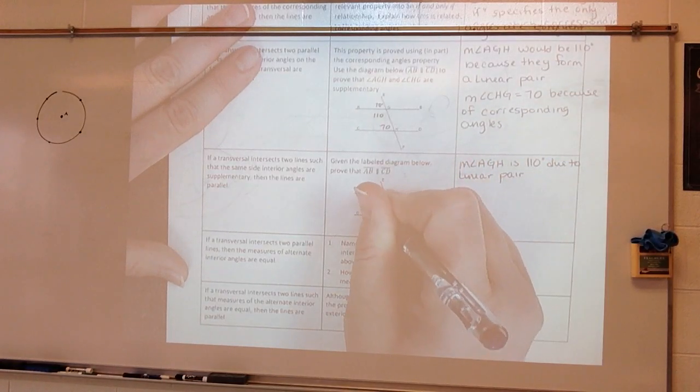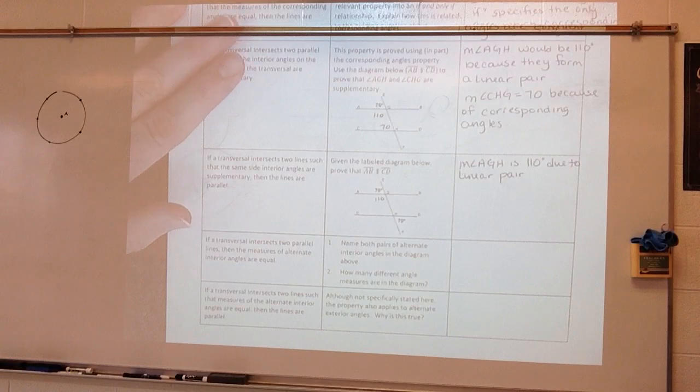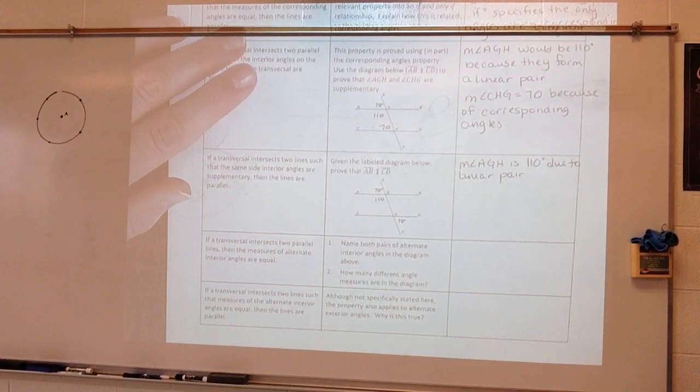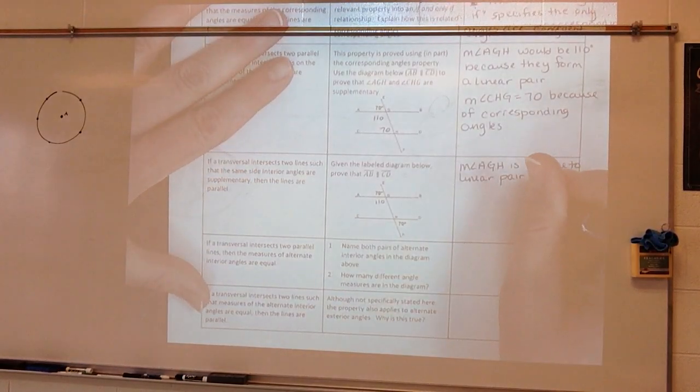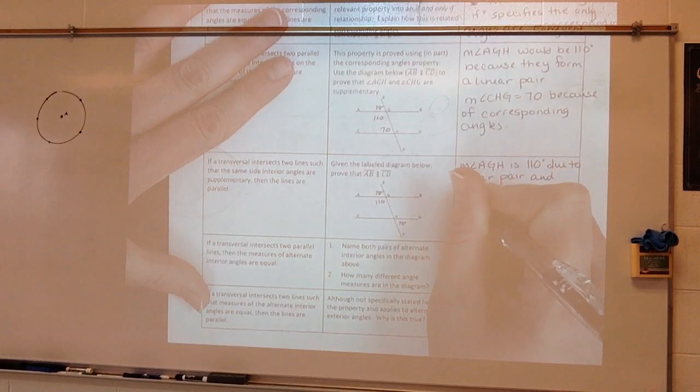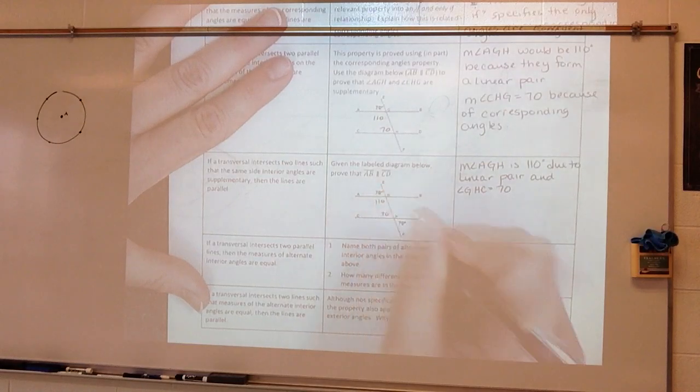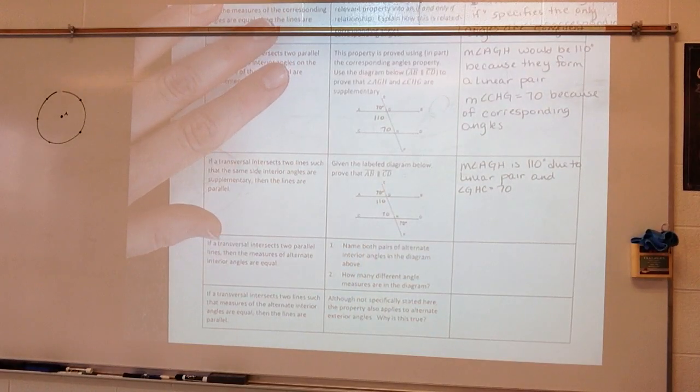And I know that angle GHC is equal to 70 degrees because of corresponding angles.